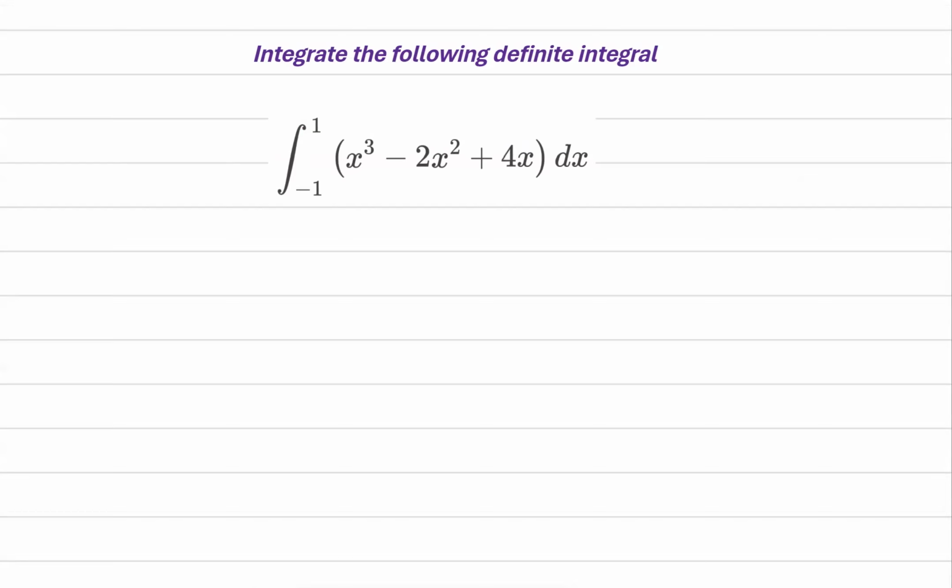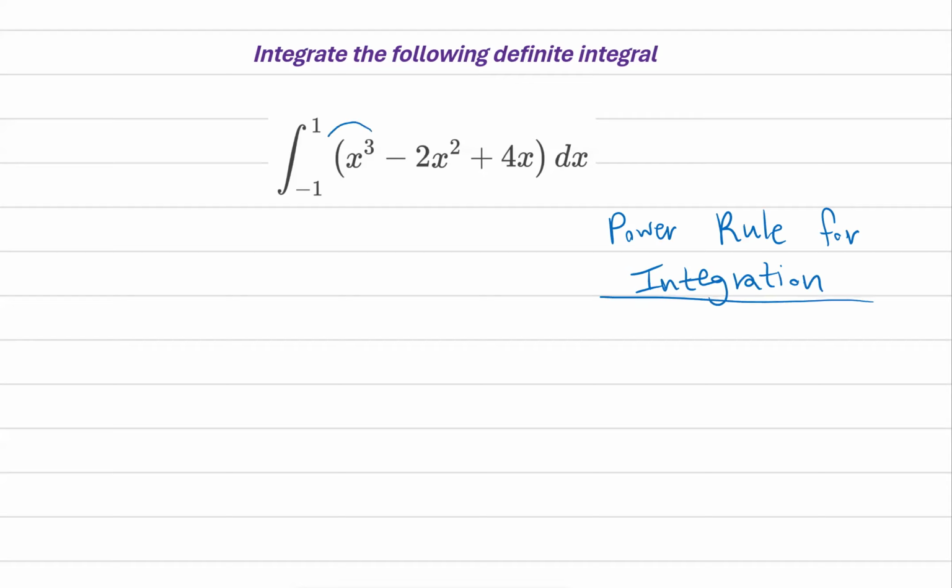So for that, the power rule for integration is the exact opposite of the power rule for differentiation, where we put down the exponent and then subtract 1.